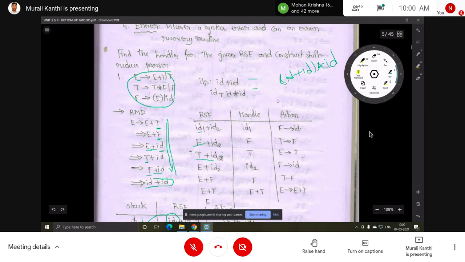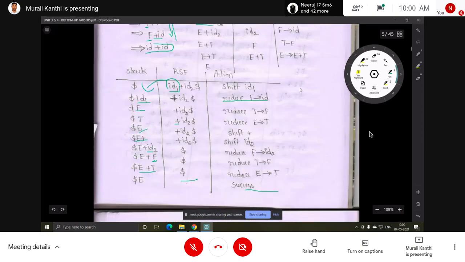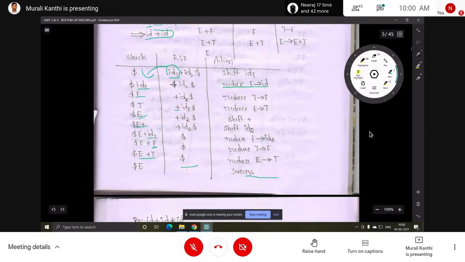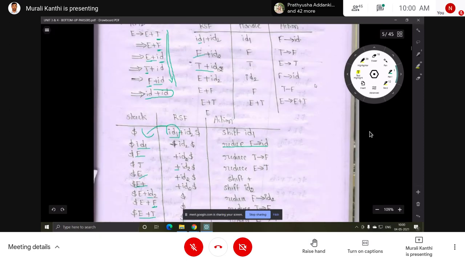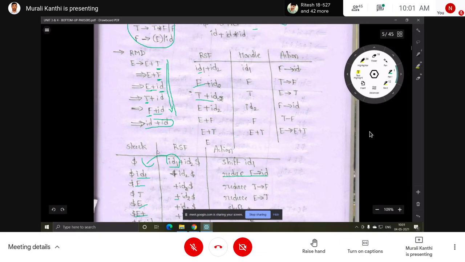Okay, so such input strings are given, and we check whether they are accepted or not. So the input string is placed into the input buffer, whatever input is given. Then the stack: one side open, push operation, pop operation is performed, inserting and deleting possible at one side. Stack is taken, input buffer is taken, then corresponding actions.